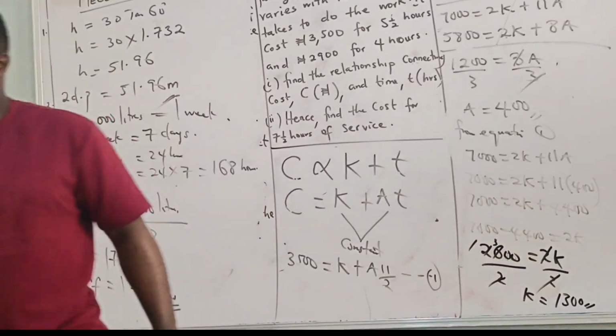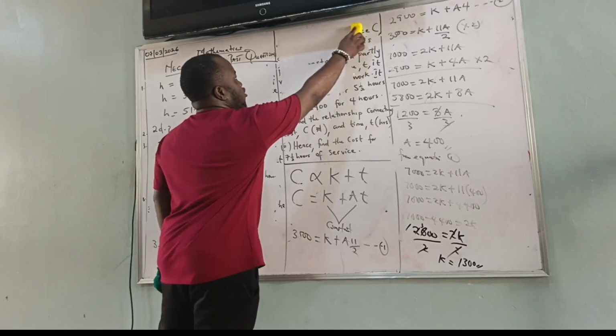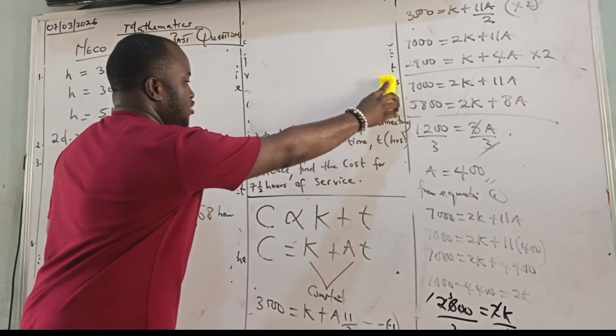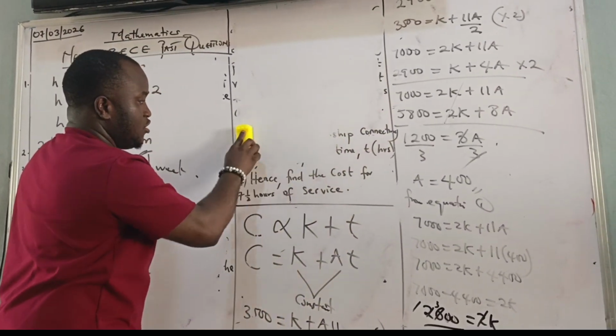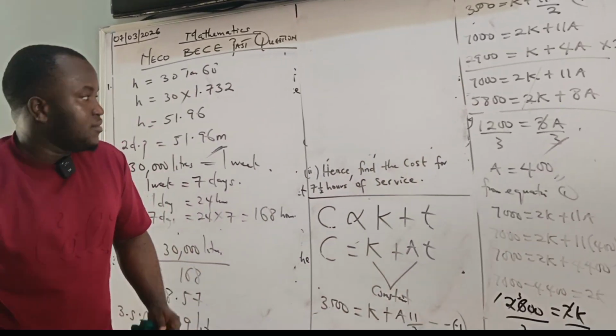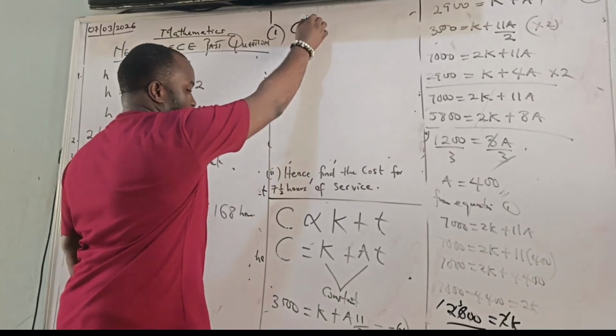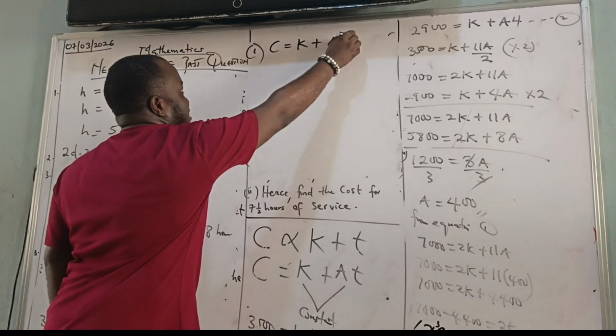The first question says we should get the equation connecting C and t. To get it, you just come to this place. C equals k plus at.